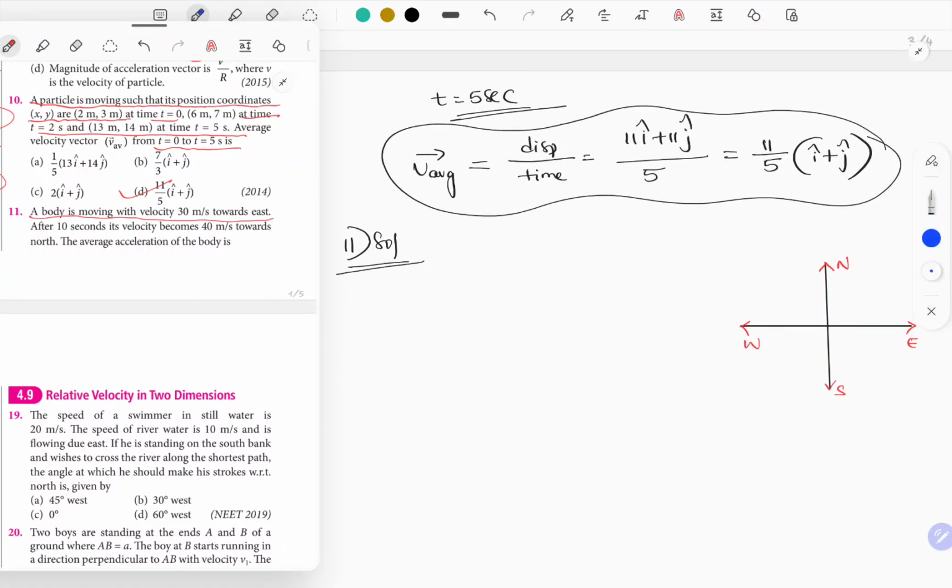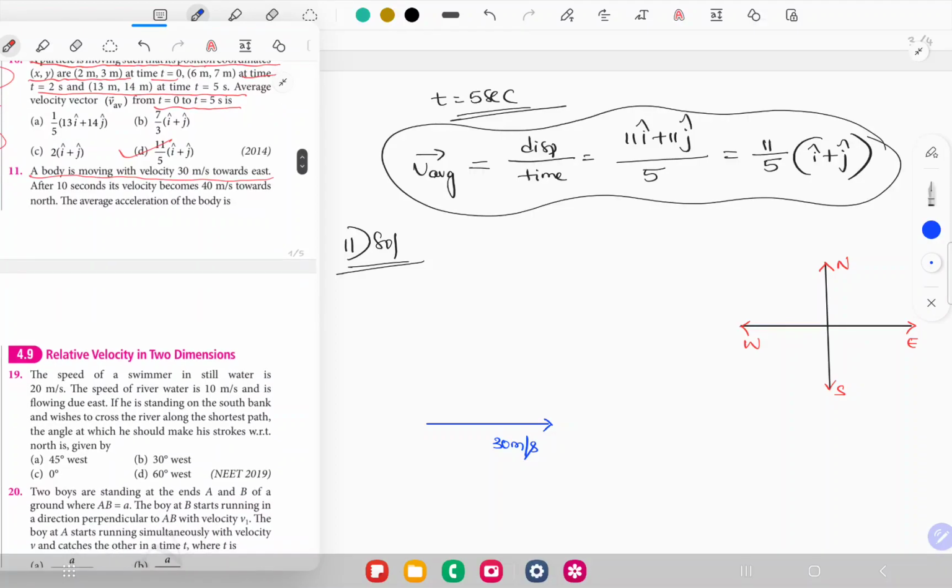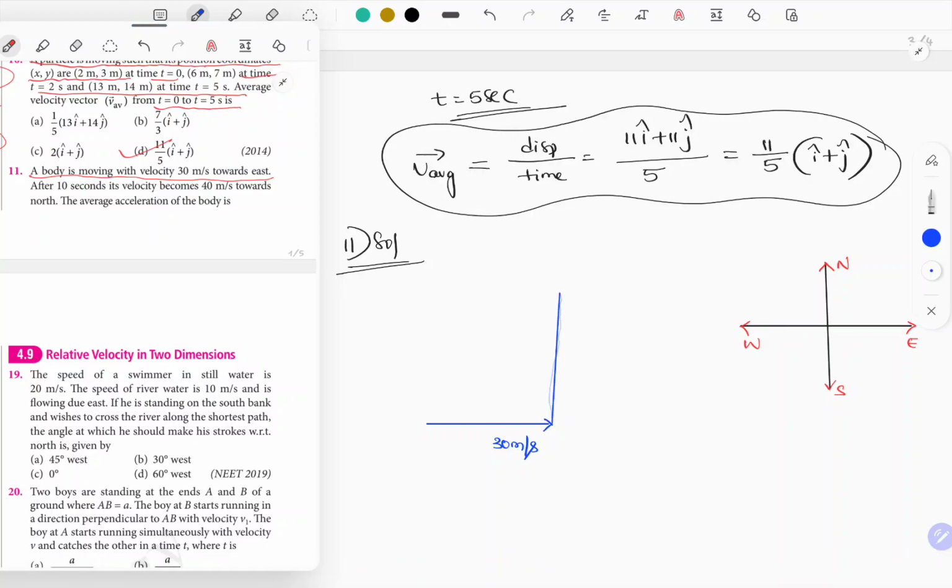In the question they have given, the body is moving with velocity 30 meter per second towards east. Next, after 10 seconds its velocity becomes 40 meter per second towards north.